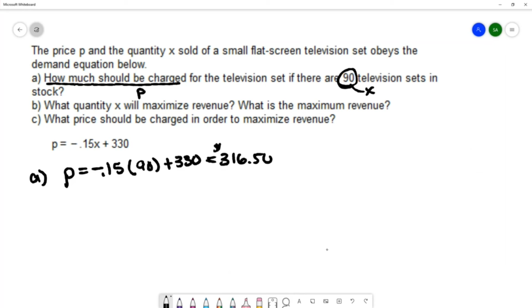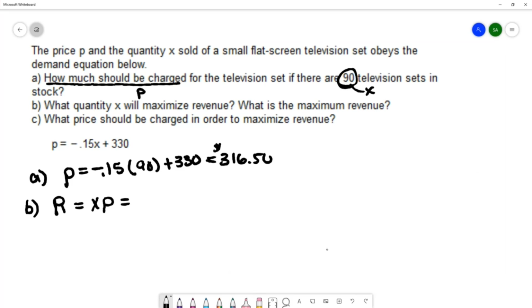Now in part B, it says what quantity will maximize the revenue and what is the maximum revenue. In this example, you don't see any variables labeled as revenue, so we're going to have to create this. Luckily we do have a business formula that we can use, and the business formula is that revenue equals X times P. And the X and the P are the same X and P that were given to us earlier.